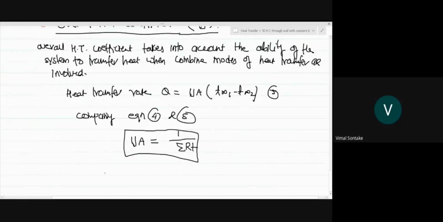And the unit of this overall heat transfer coefficient is watt per meter square Kelvin. So this way I can also calculate overall heat transfer coefficient for combined mode of heat transfer.